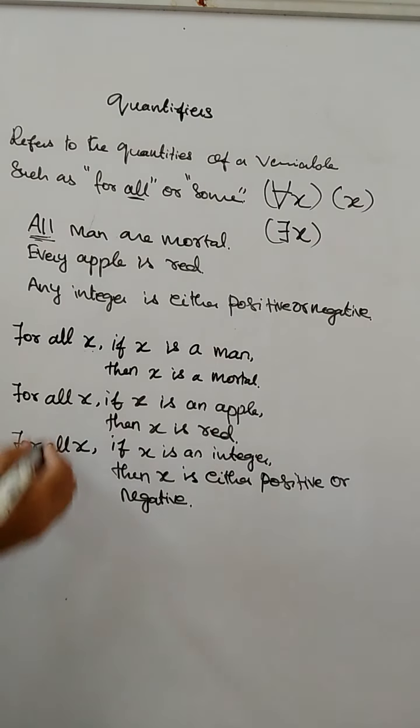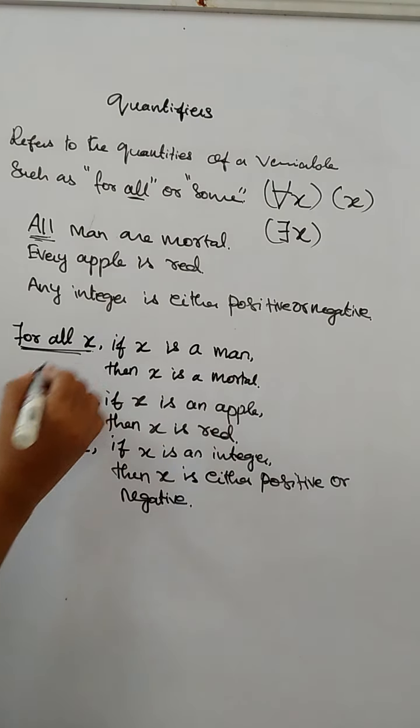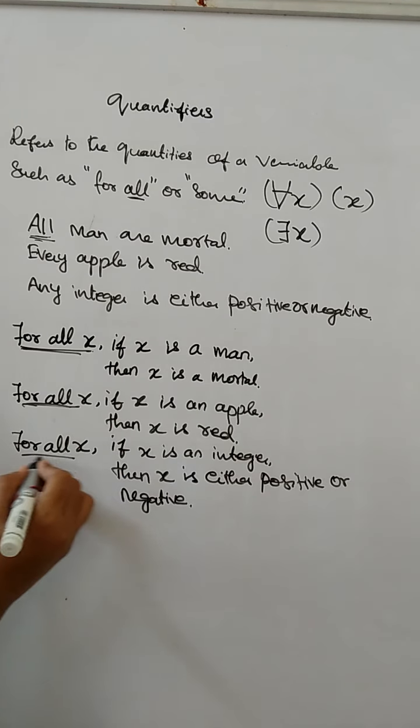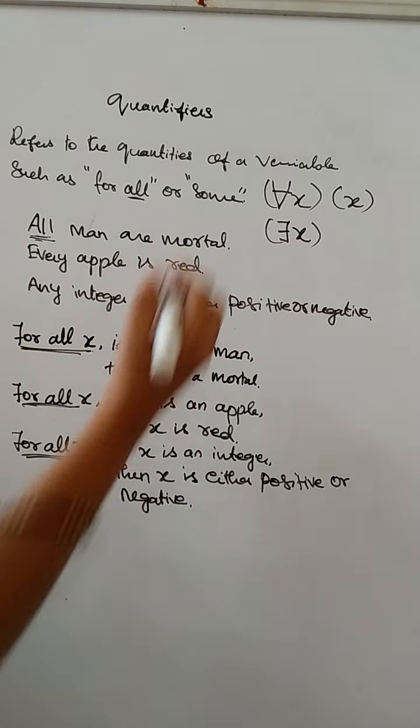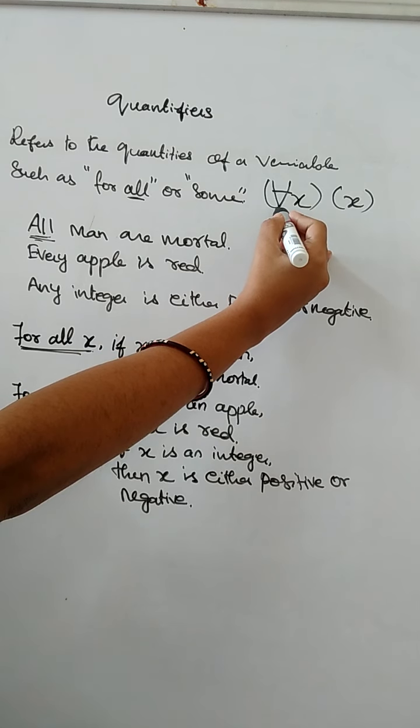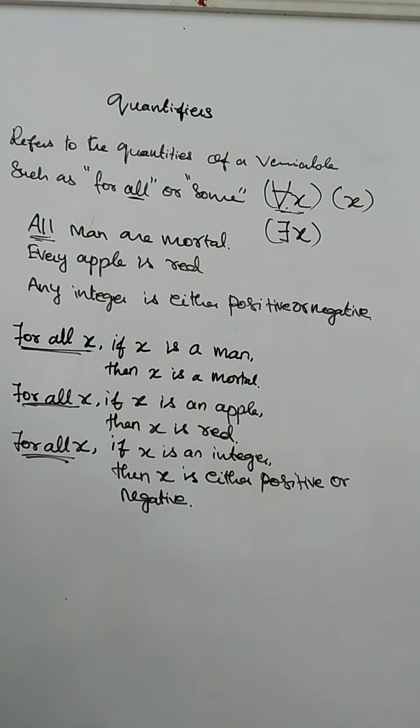So you just see these statements here. We all have for all x. Already we have mentioned for all can be represented by means of these notations, right?